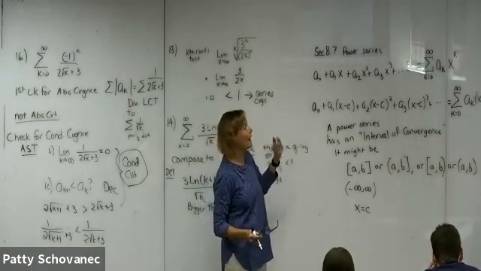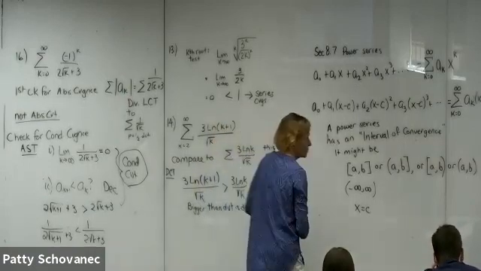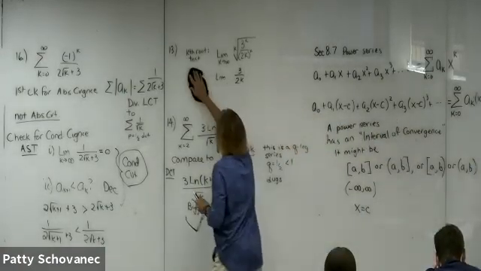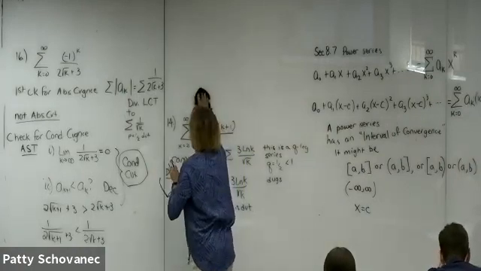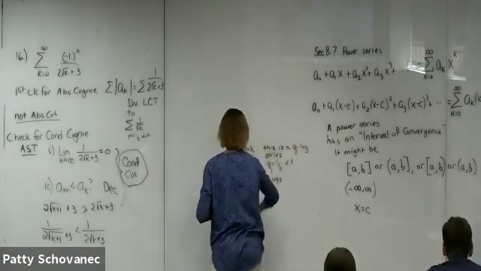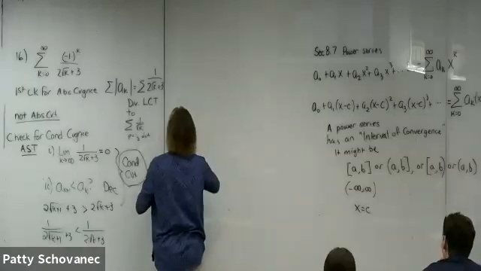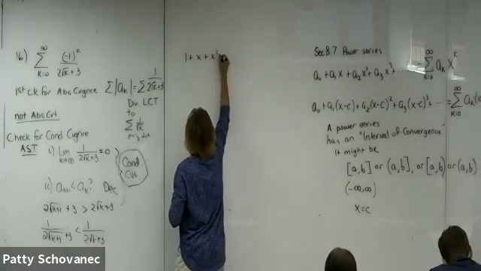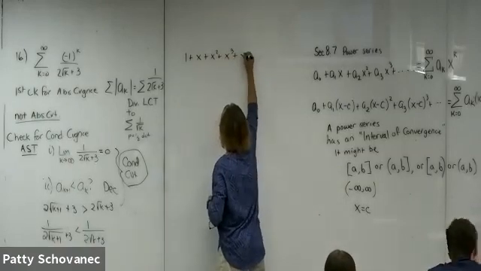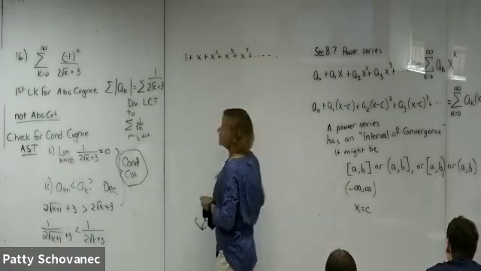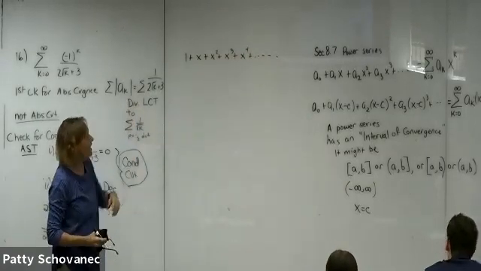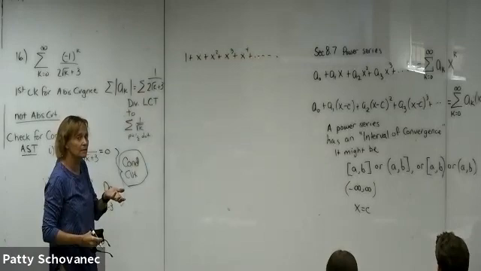We already know a power series for this particular polynomial. This is an exciting one because we already know one. This is a polynomial where all of the a_k's are just ones.